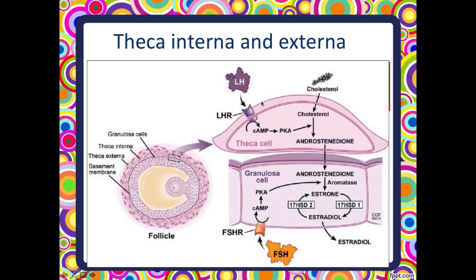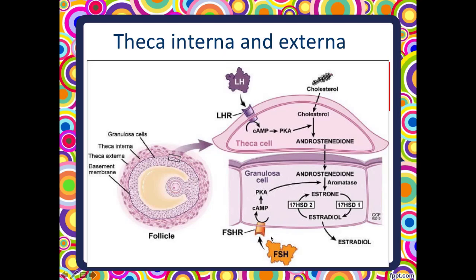The theca cell has receptors for luteinizing hormone, and under the influence of luteinizing hormone, it produces androstenedione from cholesterol, which is then transported into the granulosa cells.